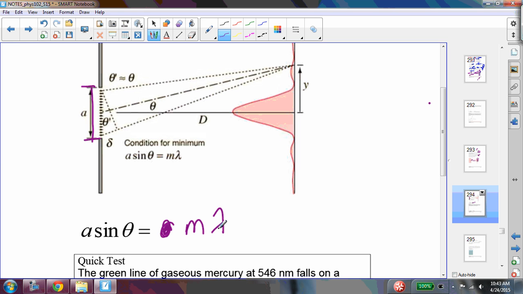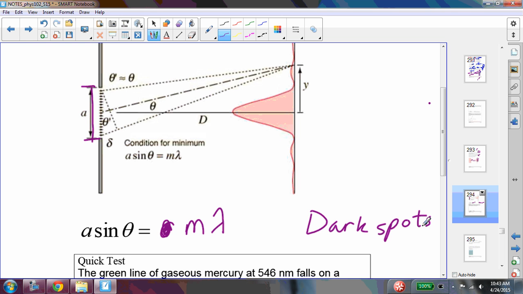And this gives the positions of dark spots. This is a little different from double slit diffraction, because a sine theta is not really your path length difference like we had for double slit. It's a little more complicated than that, but this gives us the expression for the position of the dark spots.